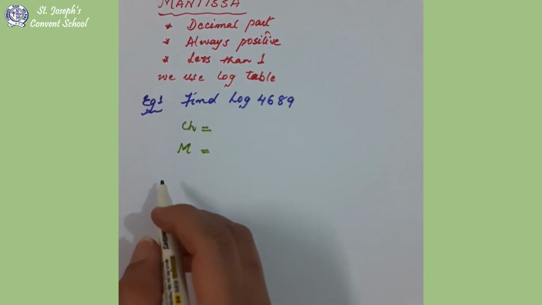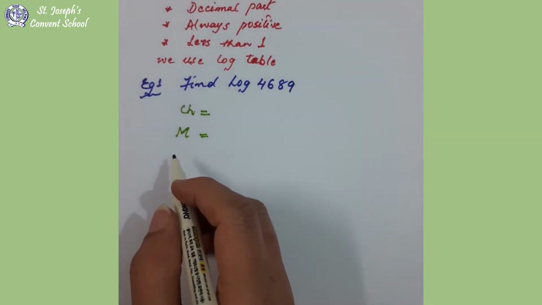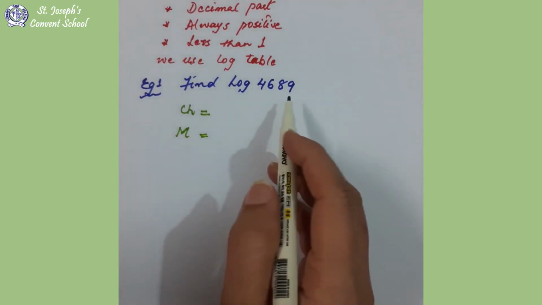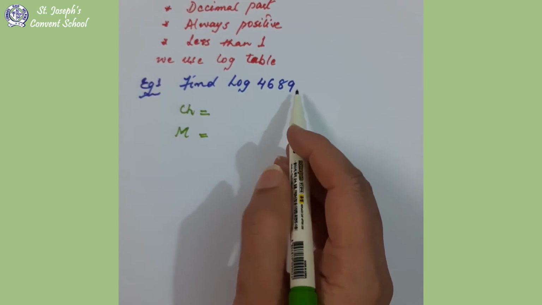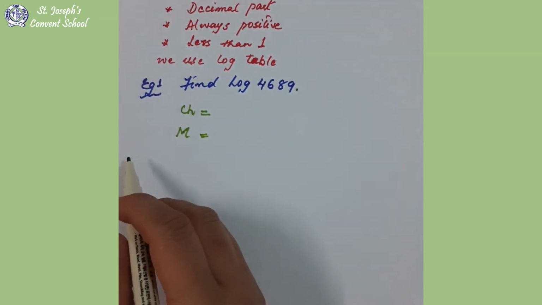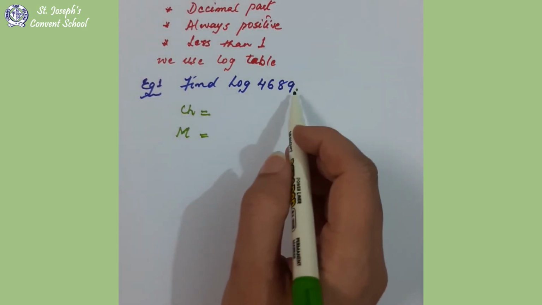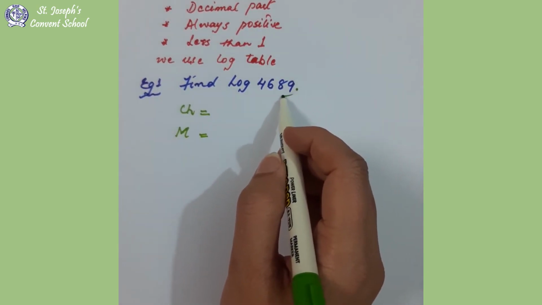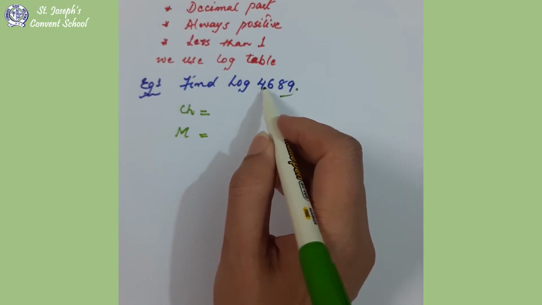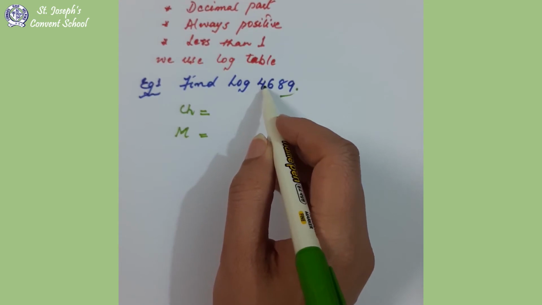Now the characteristic, how do you find it? The same method you are going to use. In this case, the decimal is not mentioned, so it is understood that it is at the end. And you will shift the decimal after the first non-zero digit. Remember this, always shift the decimal after the first non-zero digit. Here 4 is the first non-zero digit, so after this.